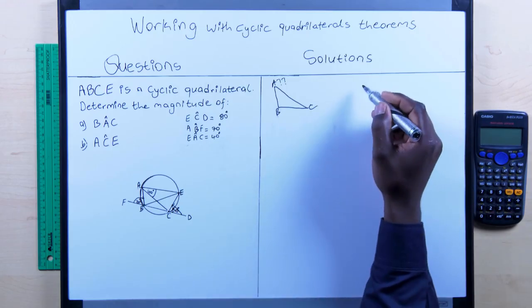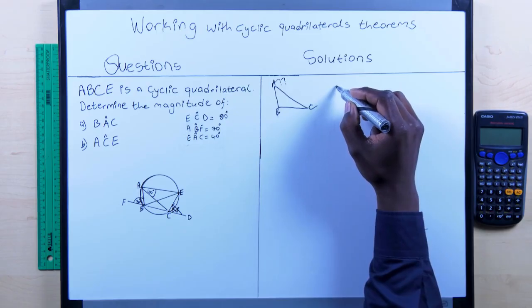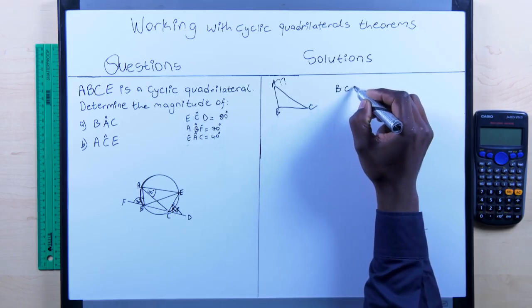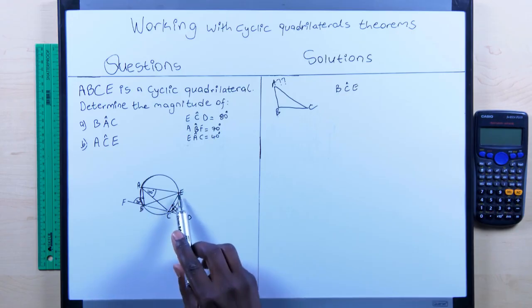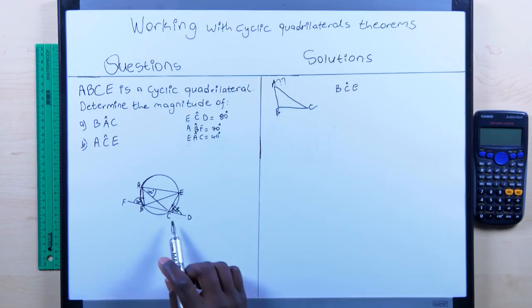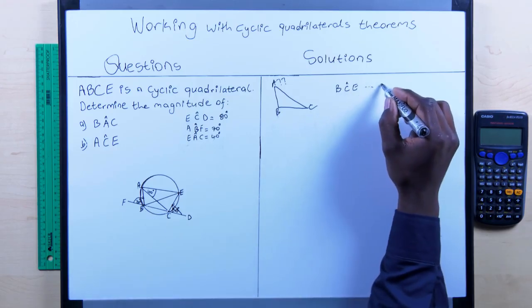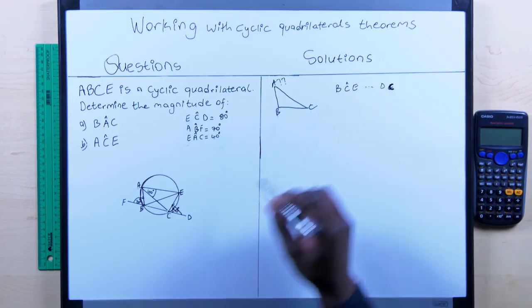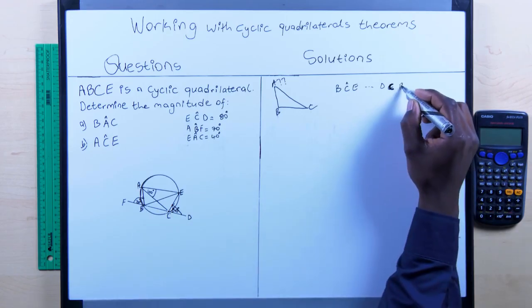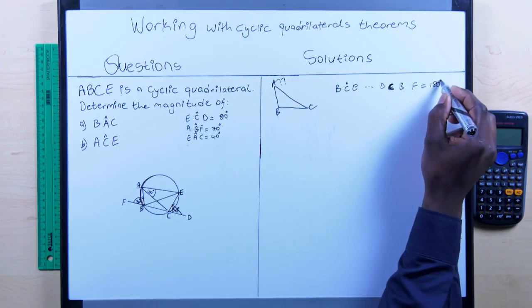It comes with some necessary understanding. For instance, if you're looking at B, C, E, so angle C formed by B, C, E, looking at this part. DCB, you can include F if you want, is equal to 180 degrees.